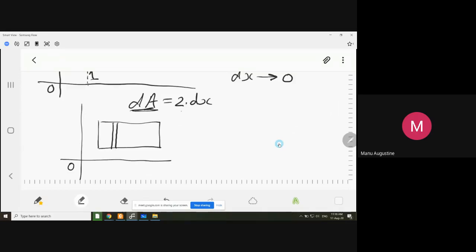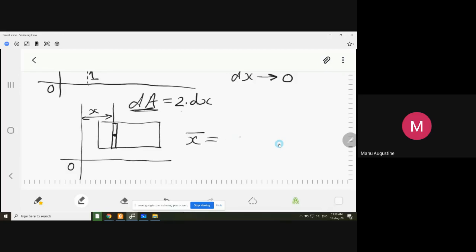Now, considering this small rectangle as an individual area, can you tell me the location of the centroid of this rectangle? Everybody knows that the centroid will be located at the center of this rectangle. And if I say that this strip was selected at a distance of x from the y-axis, then what is the location of the centroid as x bar?